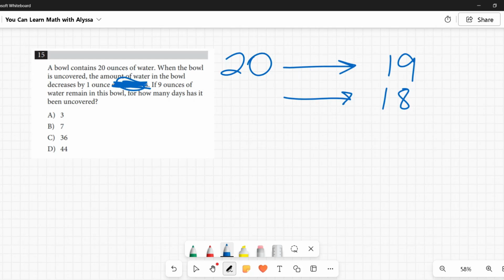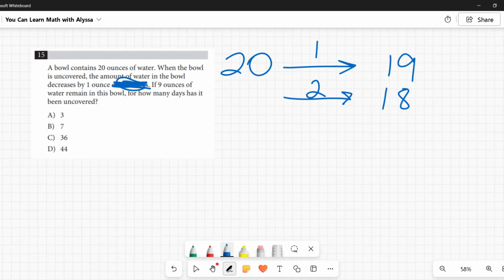By which I mean sometimes the first cycle it would stay at 20, and so that counts as a cycle, and then when you subtract 1 you're actually on the second cycle, that kind of thing. It depends on the word problem, it depends on the scenario, so I find it helpful to visualize it and write it down, and then you're sure that we're doing the right thing. So okay, that's 1 cycle, and that's the second cycle. So in this case, it is just subtracting.